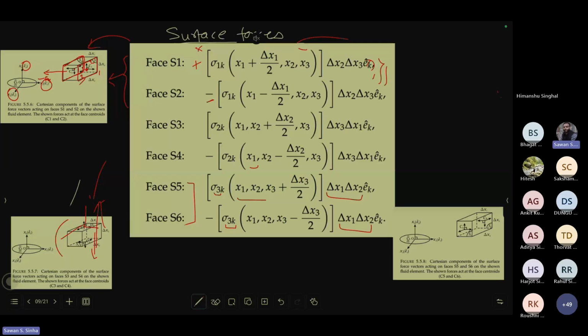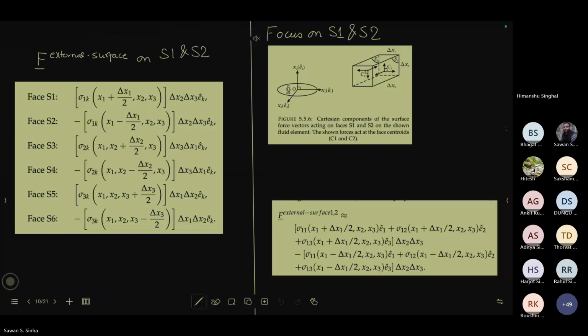Found where? Found at C5 and C6. And then plus here and minus here. Same reason as I explained earlier.